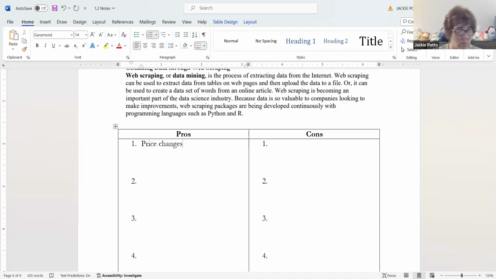Price changes. You don't think competitors watch what other people in their market are charging for stuff? Yeah, they do it. I don't know about you, sometimes when I'm shopping around, I go through and check. But guess what?